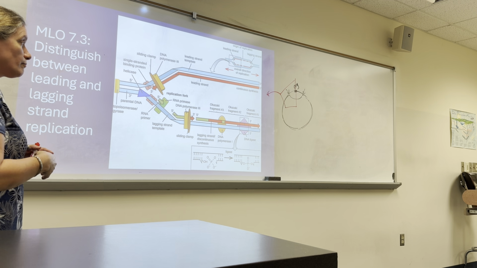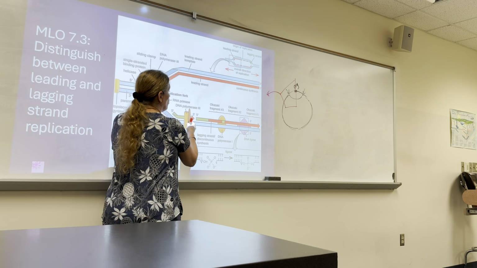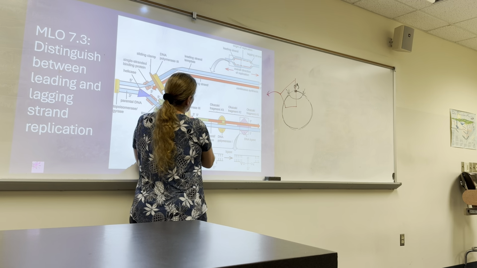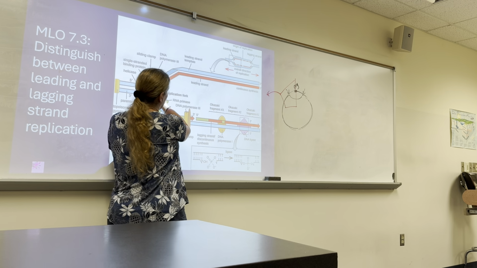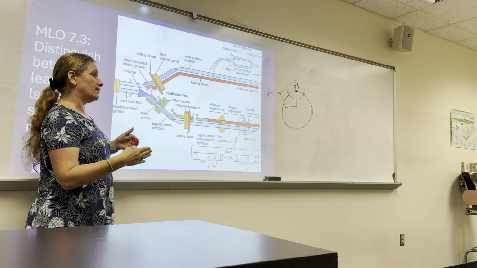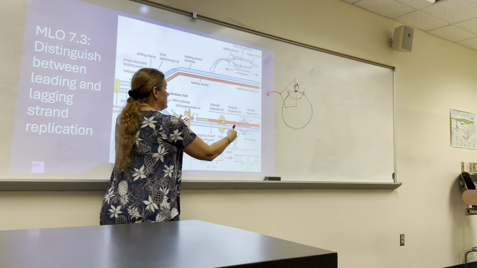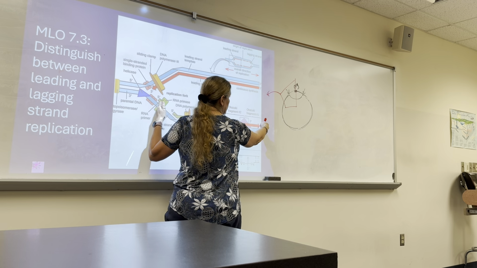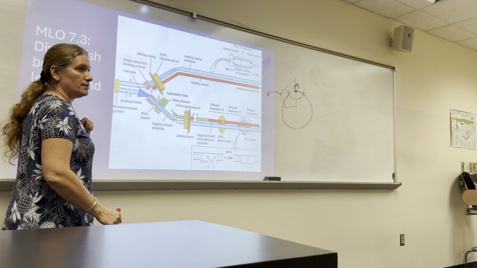Okay? So although we're making short segments and we're going away from the replication fork, in the end, the net production is still getting bigger and bigger in this direction. Does that make sense?